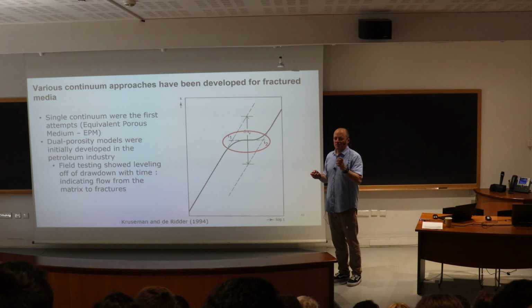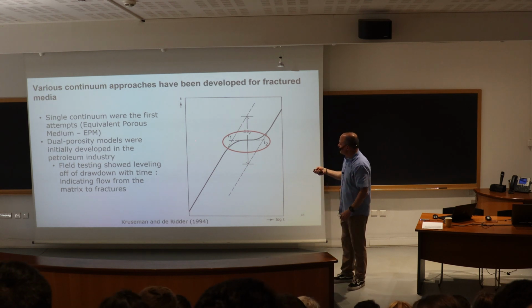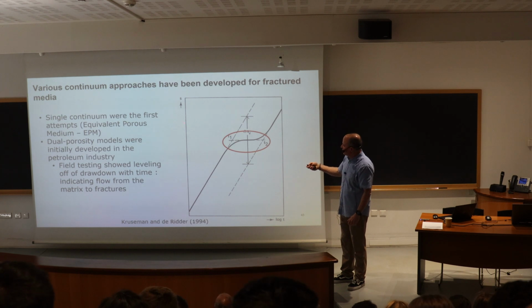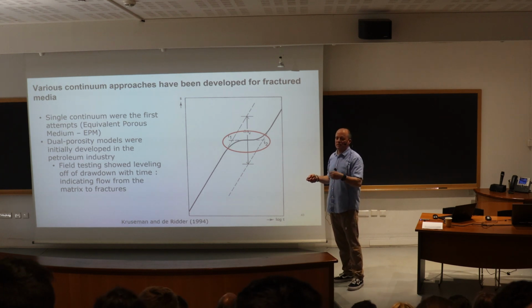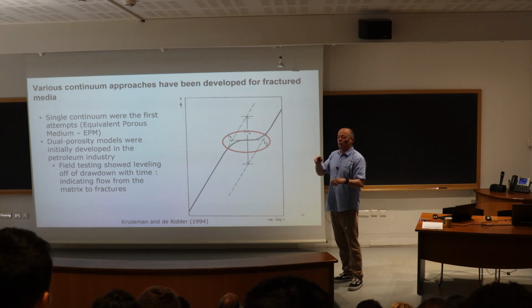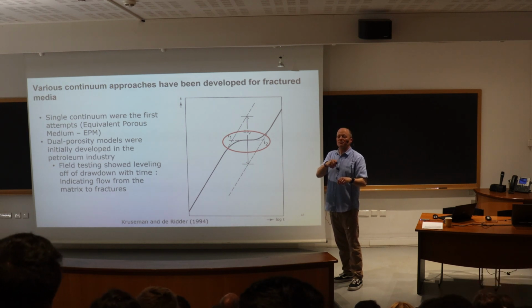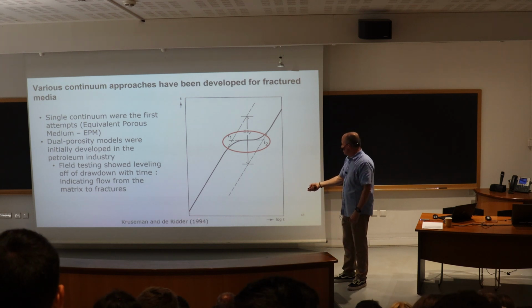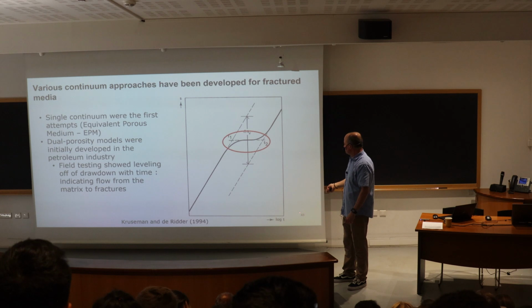Coates derived an approach, the dual porosity approach, Warren and Root. On the vertical axis is the drawdown s, the initial pressure minus the pressure at some time after the start of pumping, as a function of the log of time.